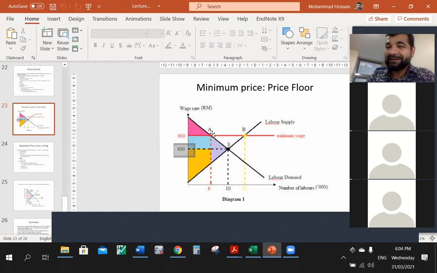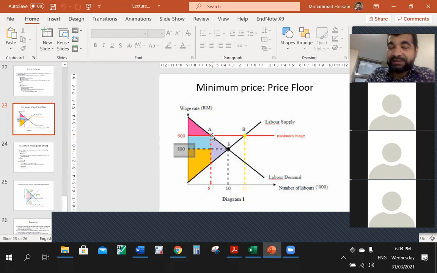See that? But employers are not happy. They are not willing to recruit more people. If it was 800, they would have recruited 10 people. Now they say, I'm going to recruit 8 people. 2 people have lost their job. And you see this triangle created in here, this triangle will be known as deadweight loss.